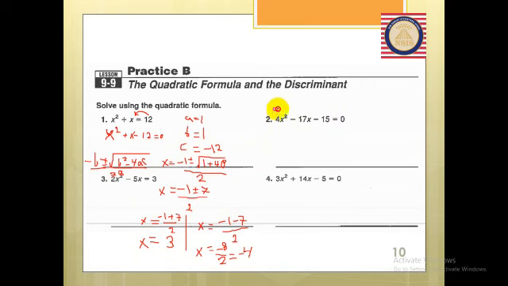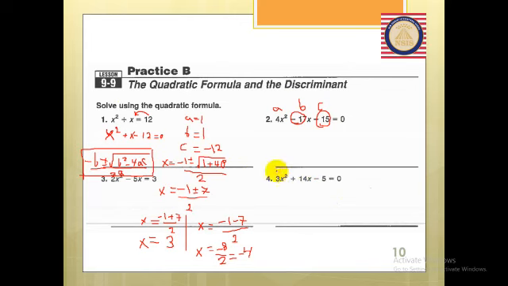Of course, you can solve this equation easily. This is my a, the b is negative 17, and the c is negative 15. Then you make it with the formula, the quadratic formula. You're going to substitute only. Of course, here equals 3, so the 3 will go to the other side with negative.